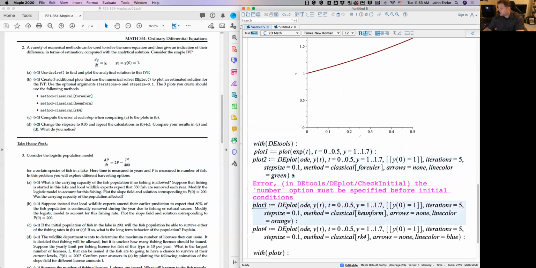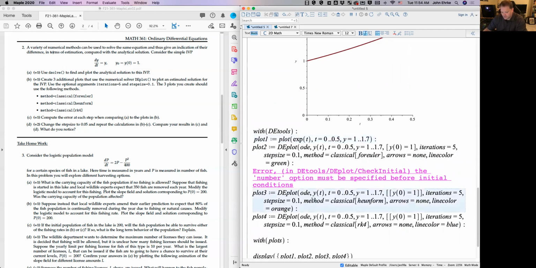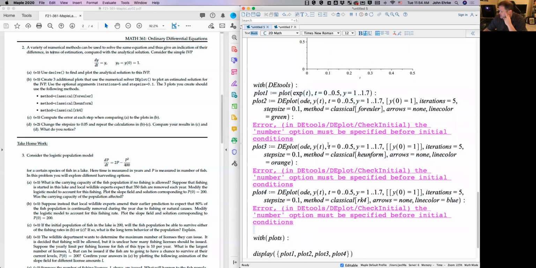Remember, when you copy and paste things into Maple, it doesn't automatically load them. You have to individually enter each one. I'm trying to see why it gave me an error here. It gives me this error on all of them. Yeah, so it doesn't like something there.